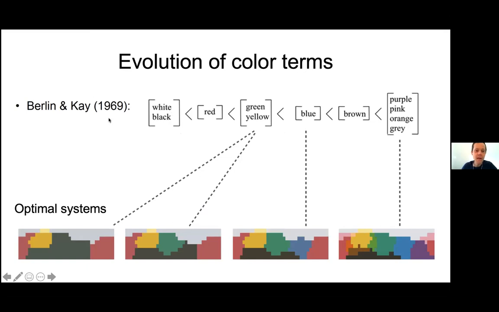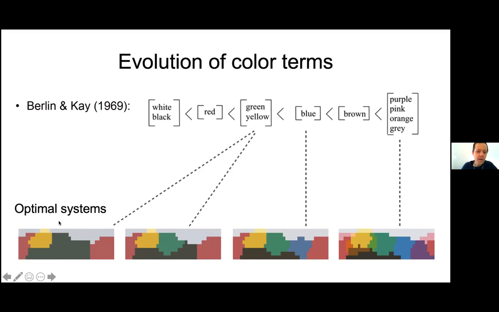And it turns out that Noga's rate distortion theory model captures this evolutionary sequence to some extent. Here are some examples of optimal systems along that optimal frontier. This one is a system that has a light, a dark, a red category, and a yellow. This is a similar system that now has green as the next category after yellow, and so on.